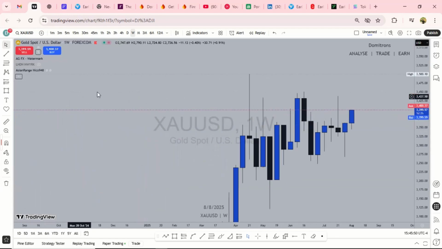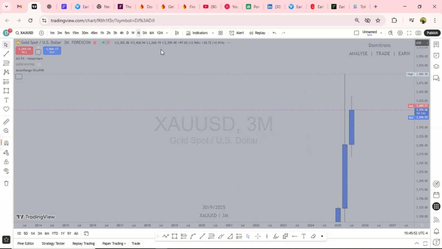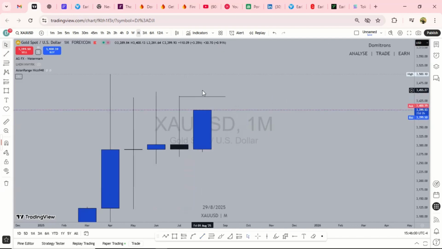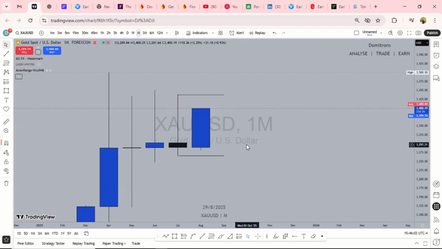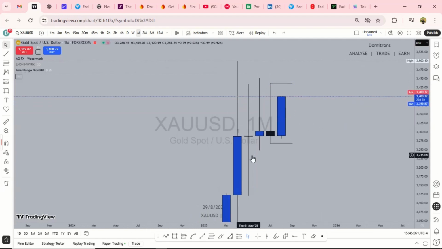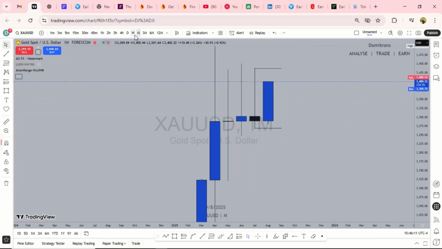Now if you look, I want to explain something. I've already explained that the market was overall bullish, right? I don't know if I explained this because I have so many videos. I did GBP, I did gold today. I don't know if I made mention of the range from the monthly, 3 months and 6 months time frame.